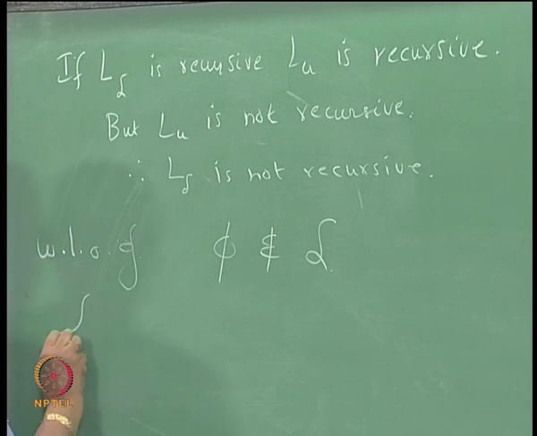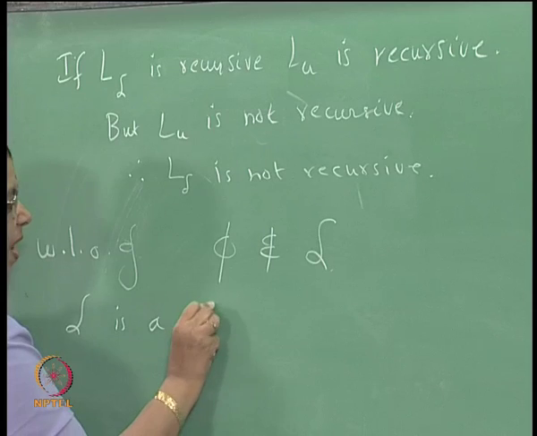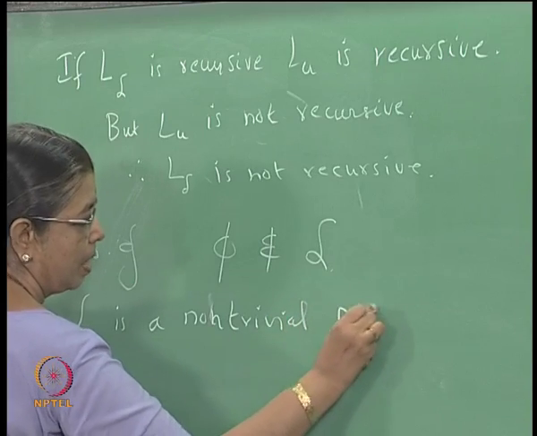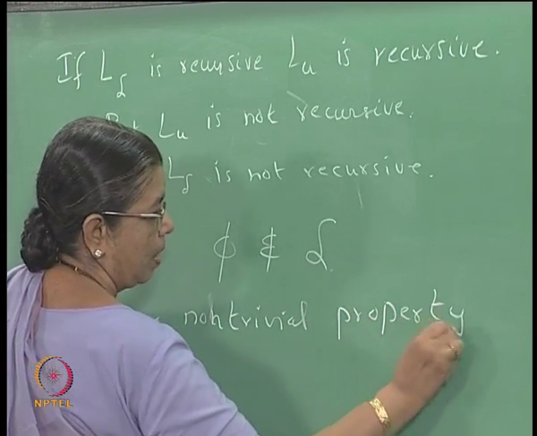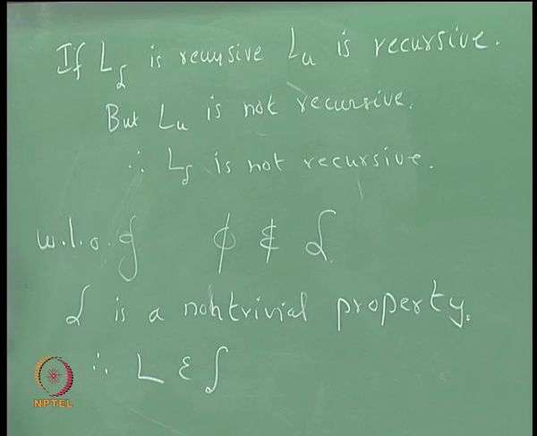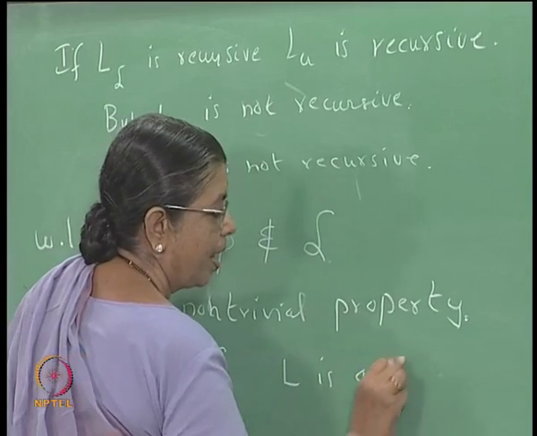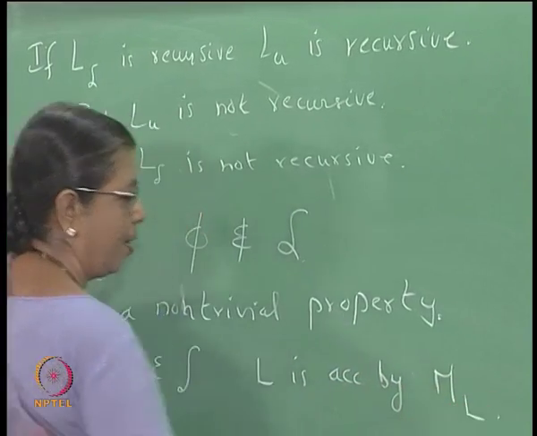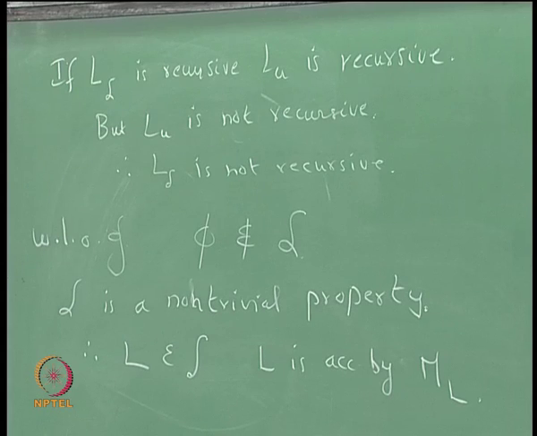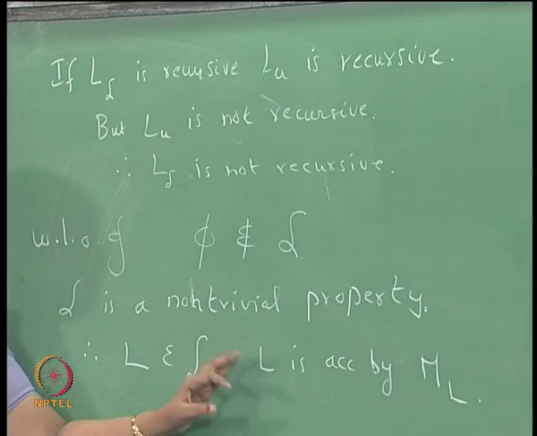S is a non-trivial property, therefore there is some language L belonging to S, and L is accepted by a Turing machine. The corresponding Turing machine is ML.